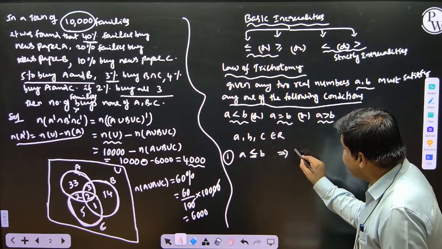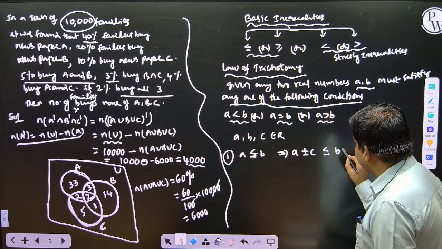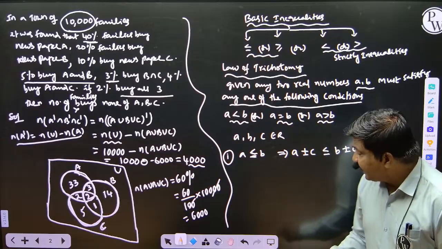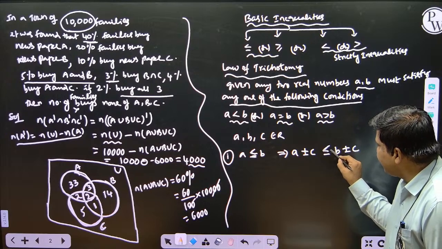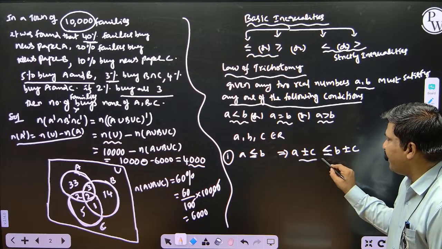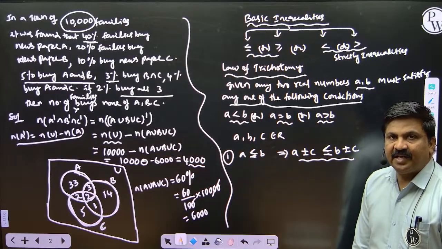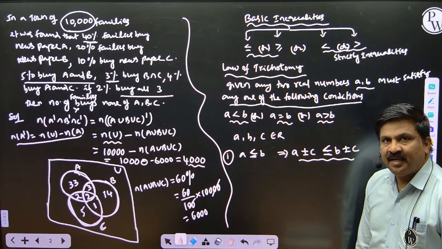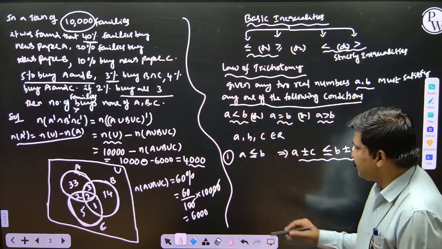If I add the same constant or subtract the same constant, what happens? Inequality does not change. By adding the same constant or subtracting the same constant, inequality will not change.